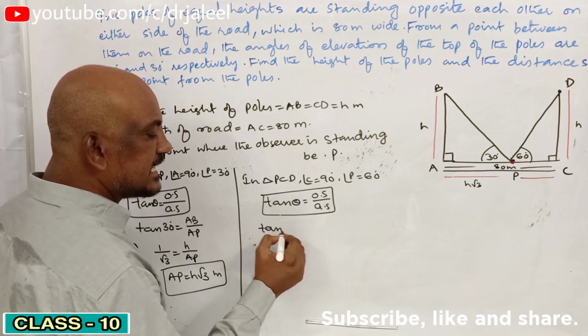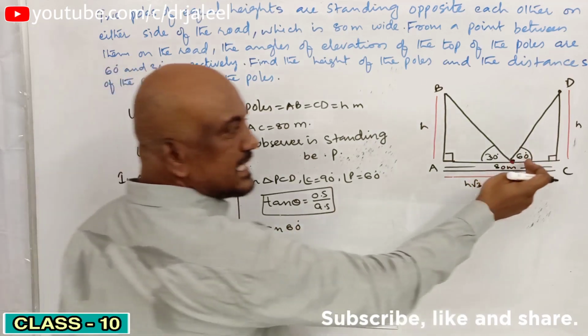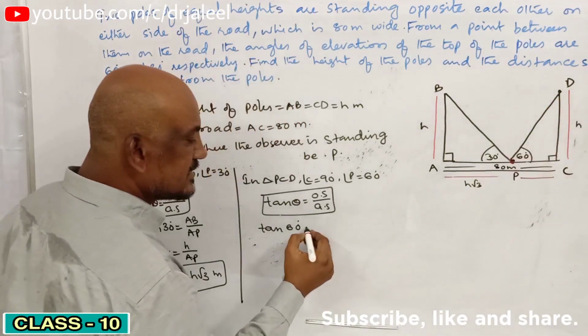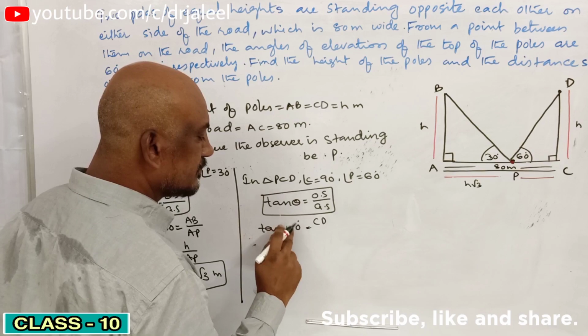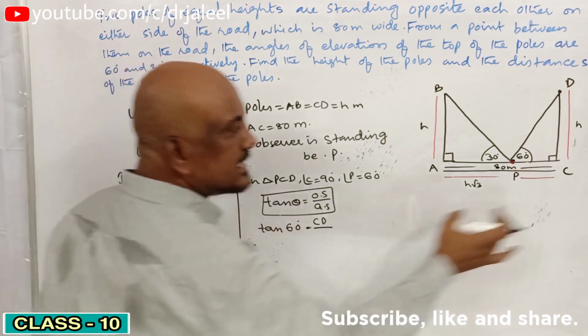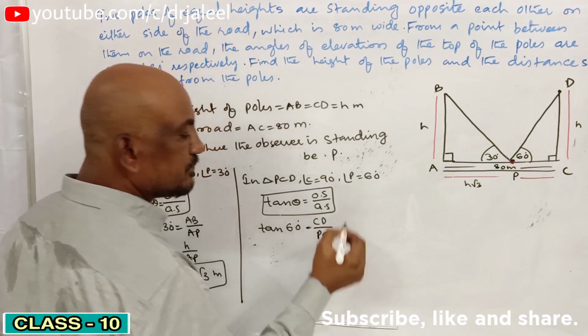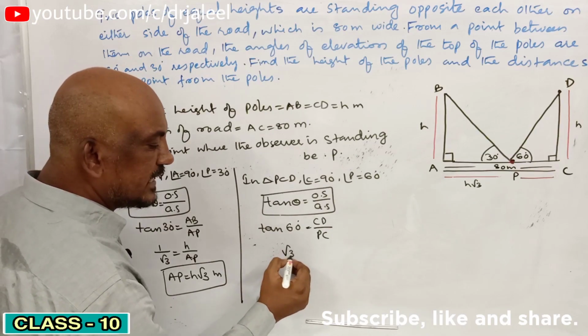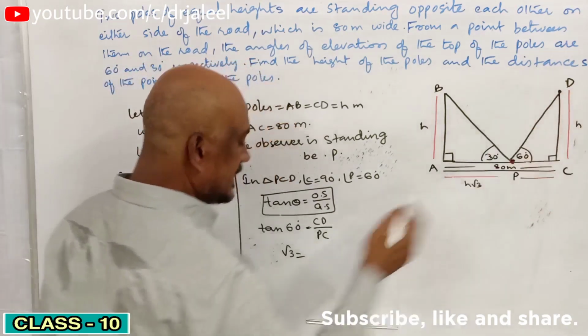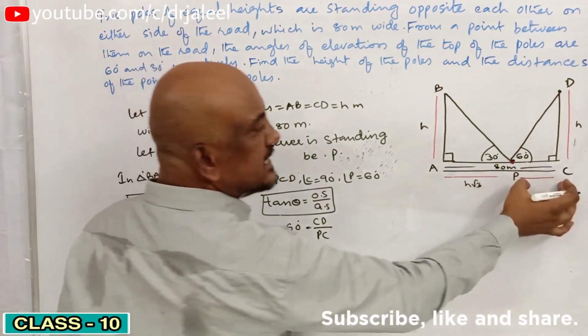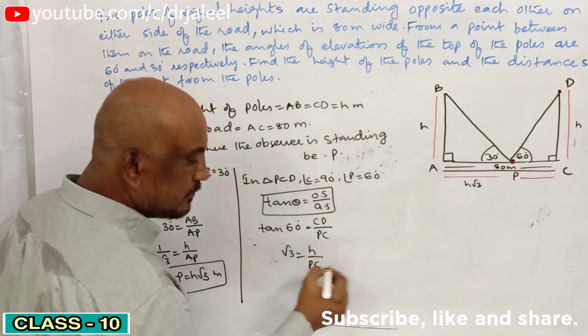This time it is 60. The opposite side is CD by the adjacent side PC. So tan 60 is root 3, CD is going to be H, and PC we don't know.